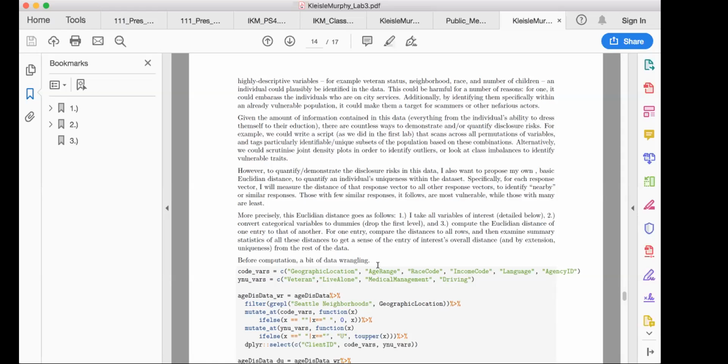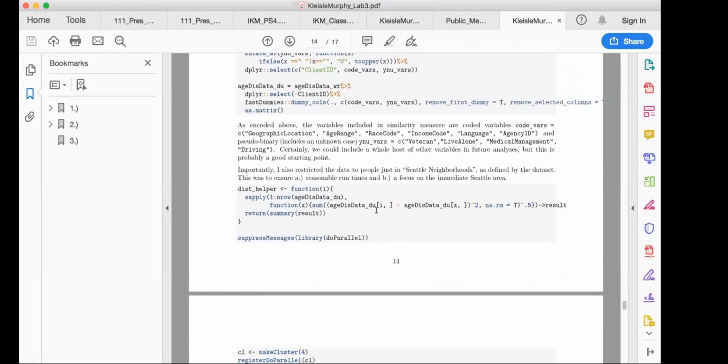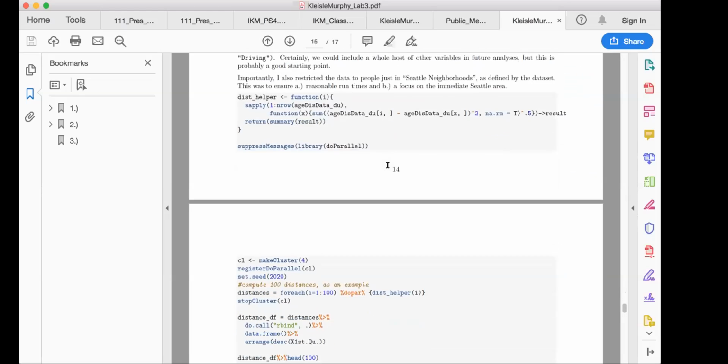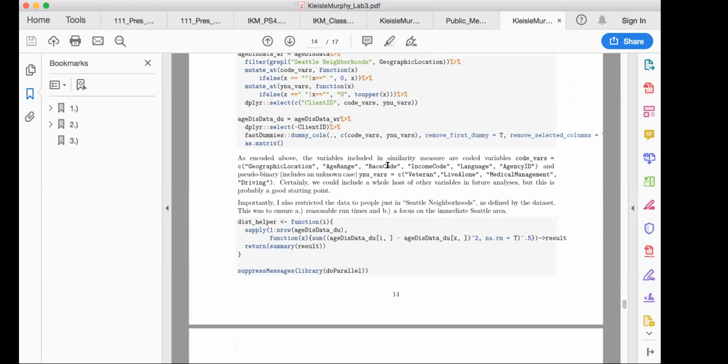Do you want to continue? Oh yeah, I can. So I took a subset of the data, just in the Seattle area, and the instruction said to be creative in the proposed utility measure.